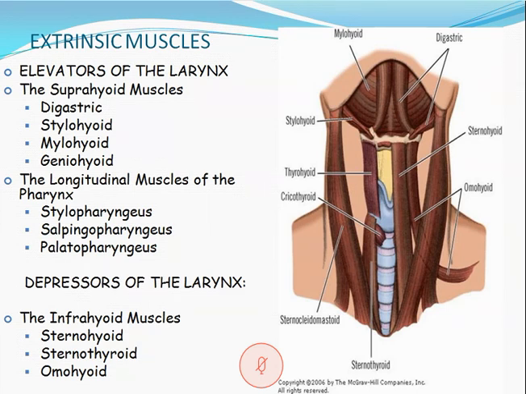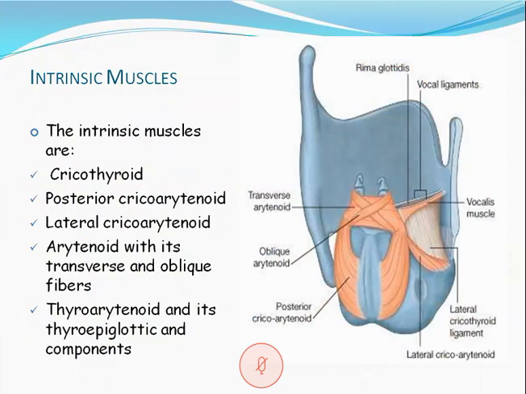Suprahyoid muscles are the digastric, stylohyoid, mylohyoid, and geniohyoid. The longitudinal muscles of the pharynx are stylopharyngeus, salpingopharyngeus, and palatopharyngeus. The depressors of the larynx are the infrahyoid muscles, grouped as sternohyoid, sternothyroid, and omohyoid. These are depressors.